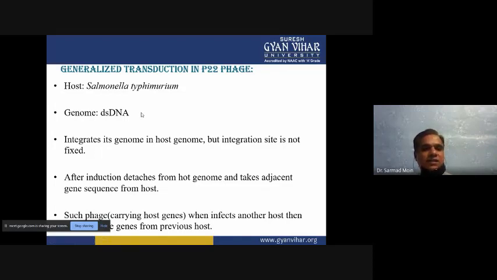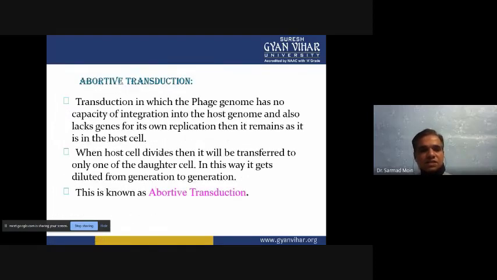So that's why it is generalized transduction. They can carry any non-specific gene, and when they infect a new bacterium, they can transfer any gene into the host.